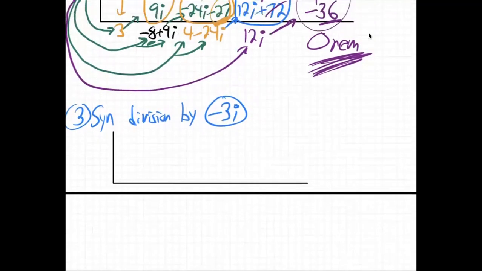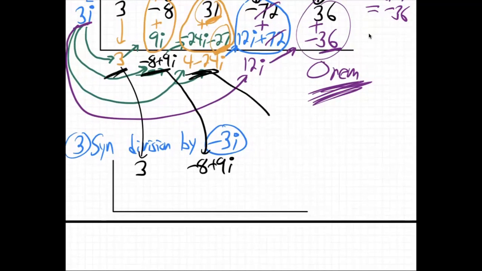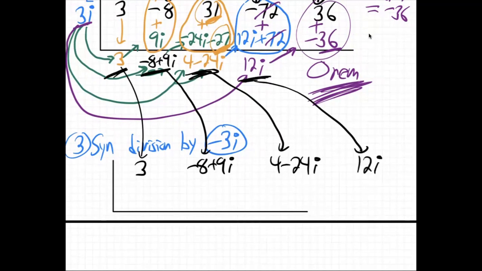All right, so I'm going to take these coefficients: 3, and this one, which is minus 8 plus 9i, and this one, 4 minus 24i, and this one, 12i.